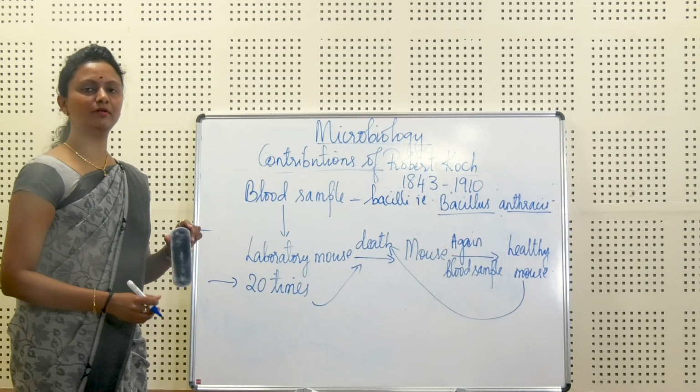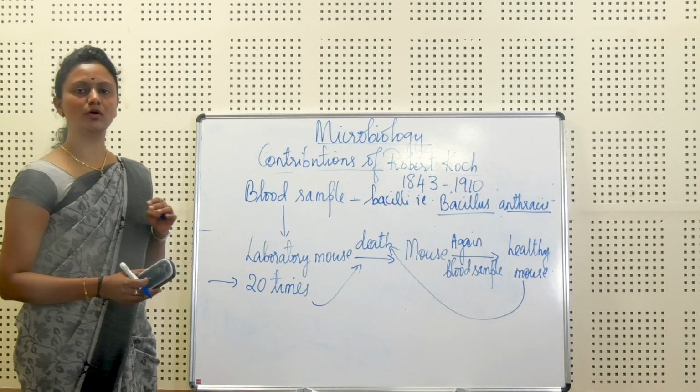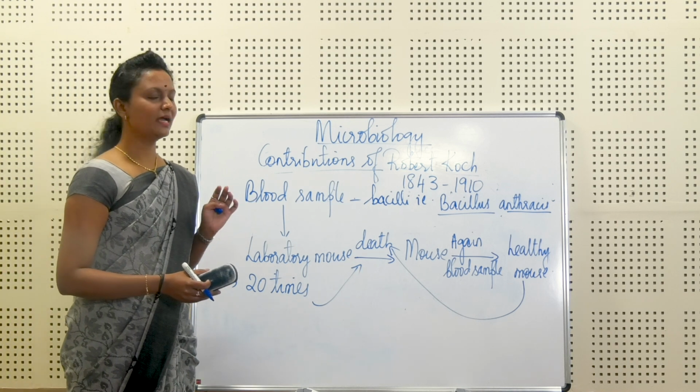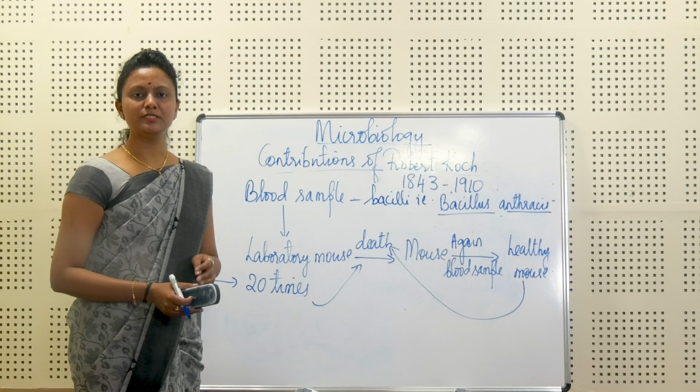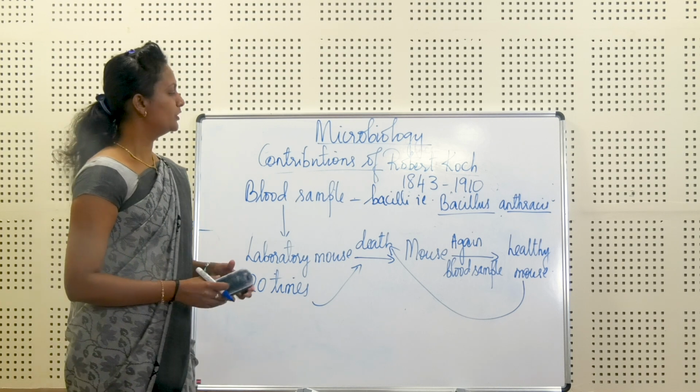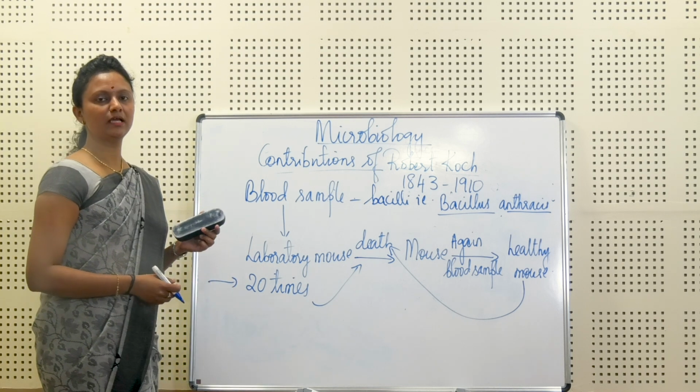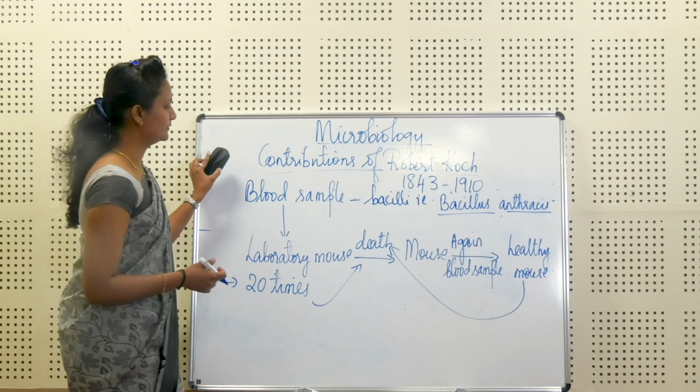So in order to confirm any microbe as the cause of any disease, Koch actually summarized an experimental method in a set of rules which is popularly called as the Koch postulates.